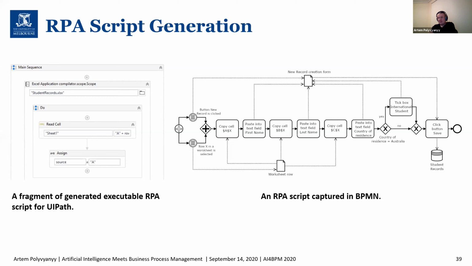I also know that there is RPA4BPM this year, and one of the papers that was accepted there also talks about the results of that workshop and some insights that were gained in that workshop in New York.